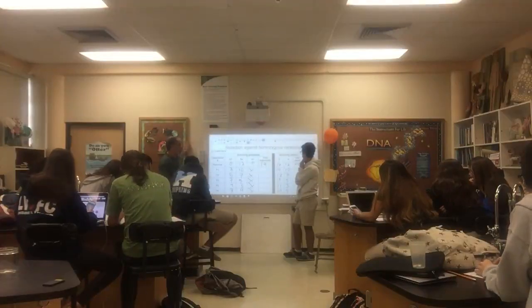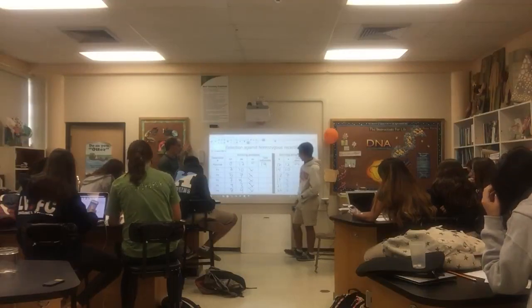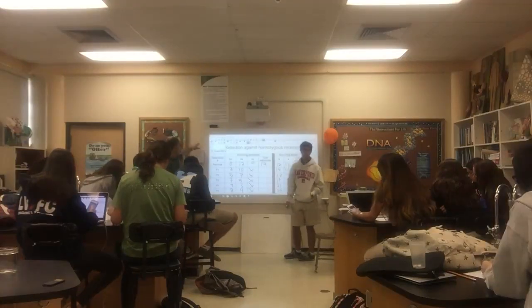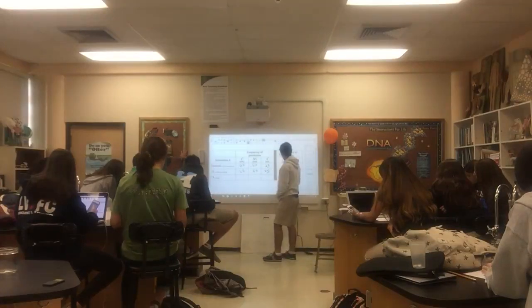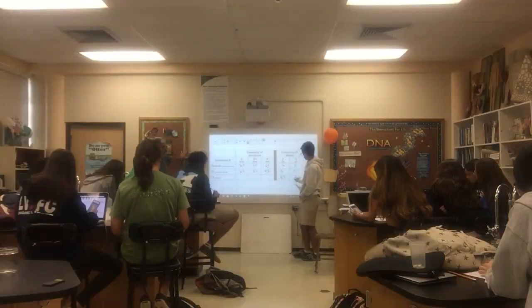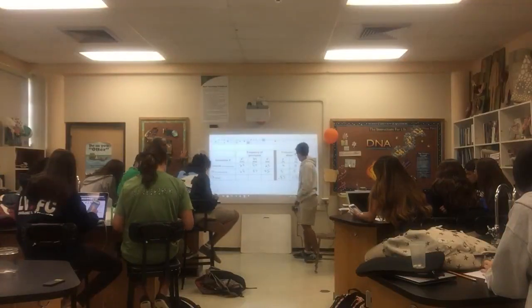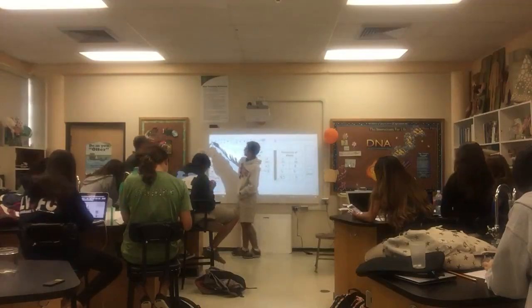So, of the F5, 20 over 24, 0.83. 0.83 would be the P. Let's say 0.17 for q.